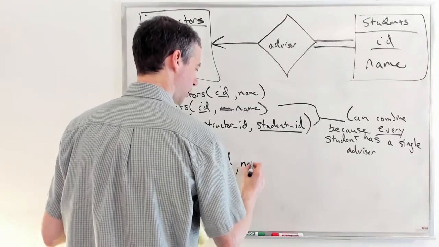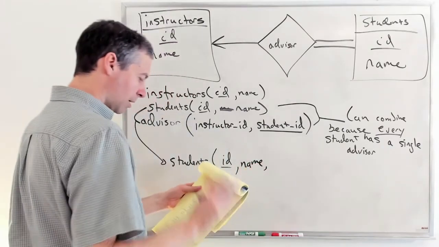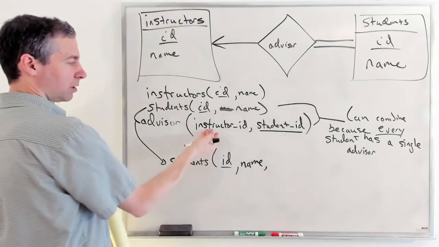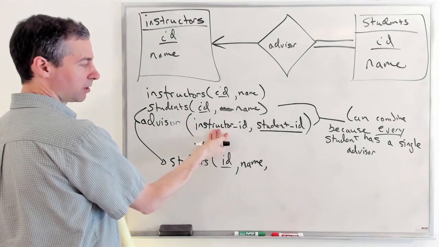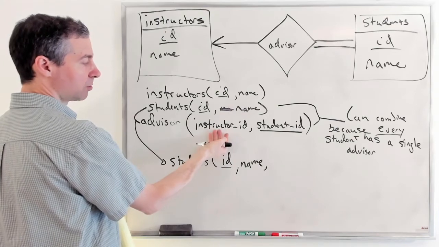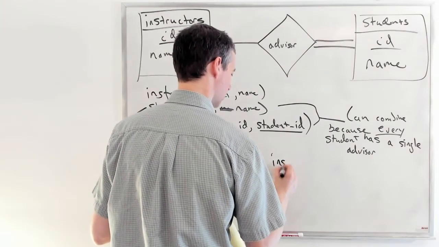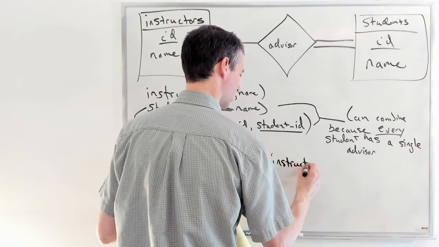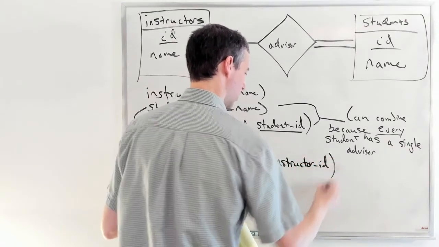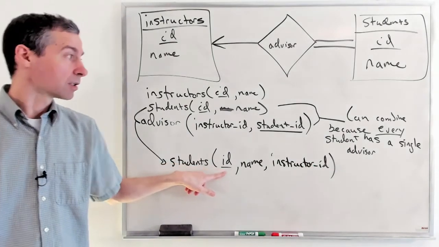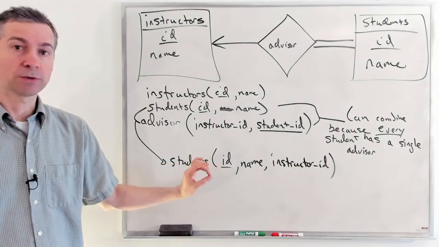Students still going to have the student's name, but now we're going to pull into it the instructor who is the advisor of the student. All right, so pull in instructor ID into here. Okay, this is still the only primary key because we're identifying a single student.